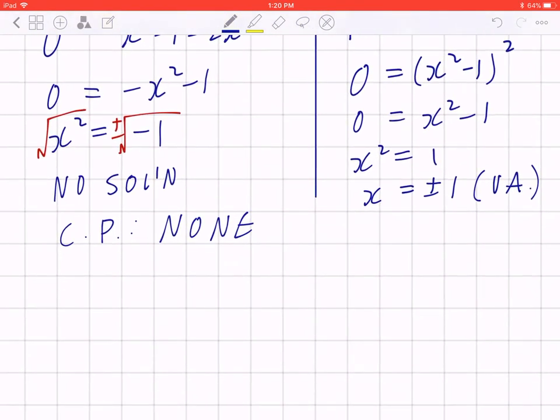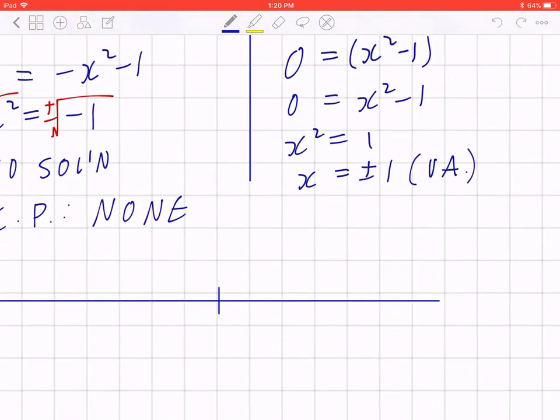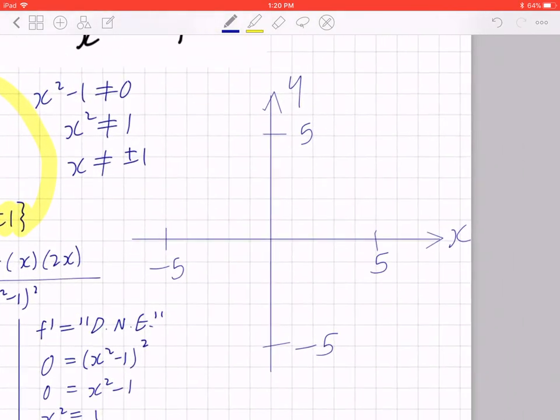Now you carry forward, and you can still move on to increasing and decreasing. Notice that even though there are no critical points, the anchor points are going to be the asymptotes. I don't know why I wrote down 0. I'm really thinking negative 1 and 1. So again, you still want to divide by the vertical asymptotes. I'm going to take a step back.